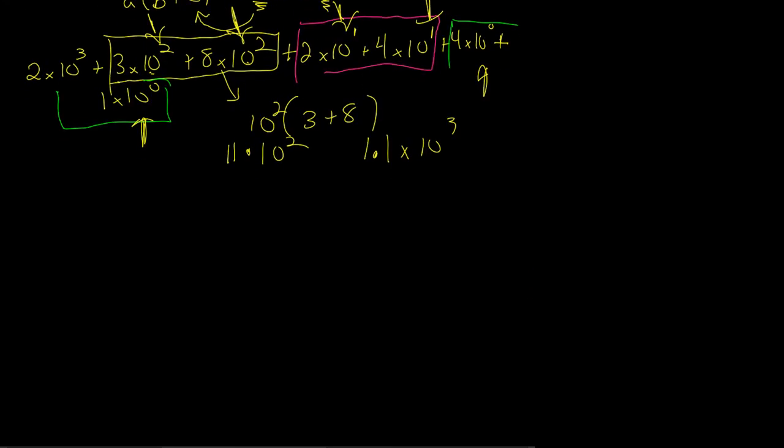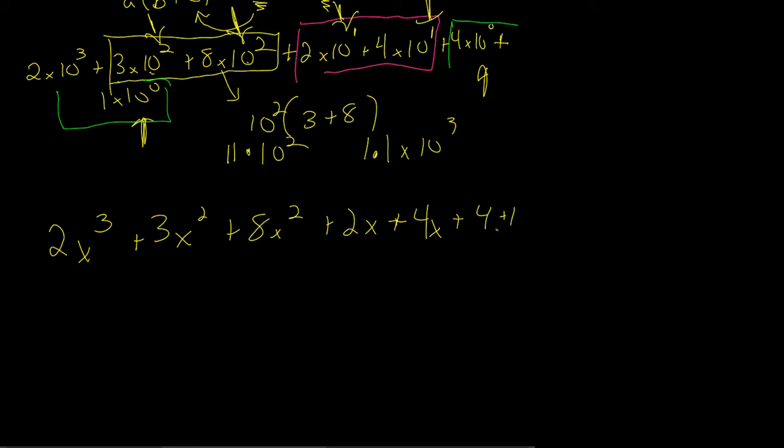Now I want you to come down here. We're going to find a new way to say 2x cubed plus 3x squared plus 8x squared plus 2x plus 4x plus 4 plus 1.